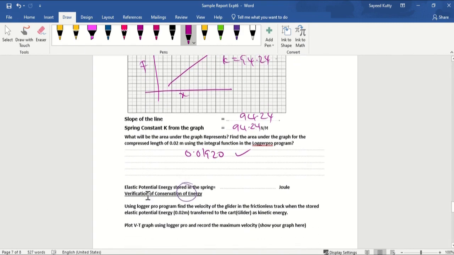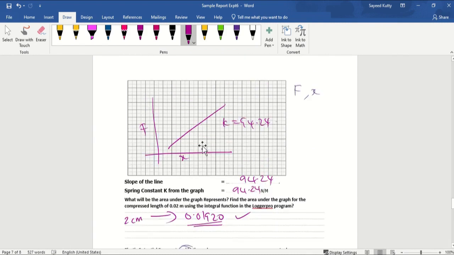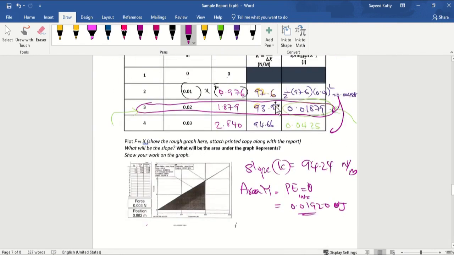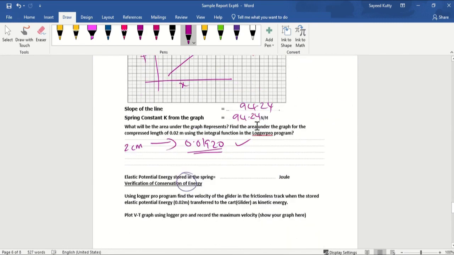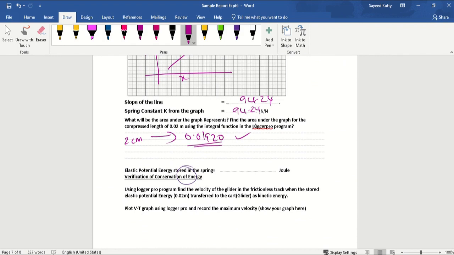Now the elastic potential energy is stored in the spring. Here I just use that technique. I have the potential energy for 2 centimeter compressed length, one from this and another one from this. What is that? 0.1879, and 0.1829. So I have two values, and I can take the average of these.